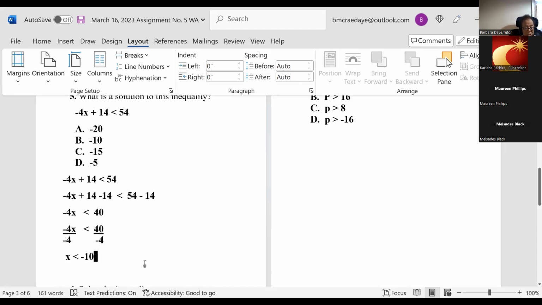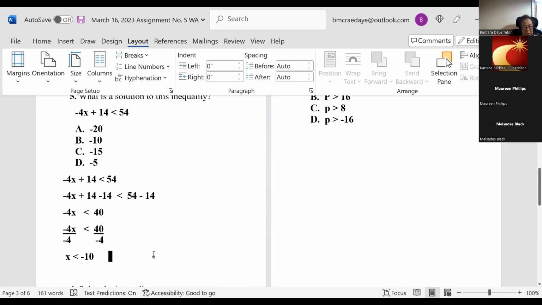Now what happens to this inequality, Mercedes? Since we divided by negative, what happens? What happens when we divide or multiply by a negative number?